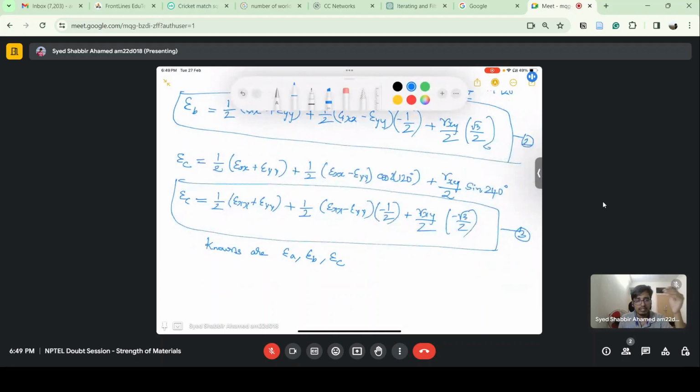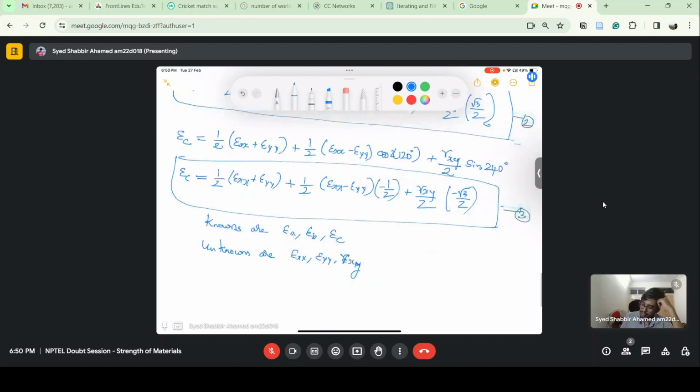We have to find the state of strain, so the unknowns are epsilon xx, epsilon y, and gamma xy.